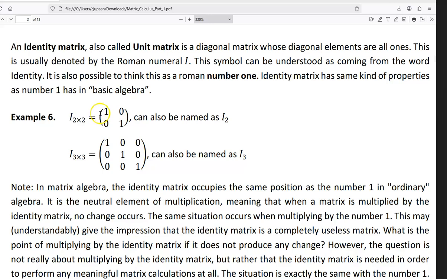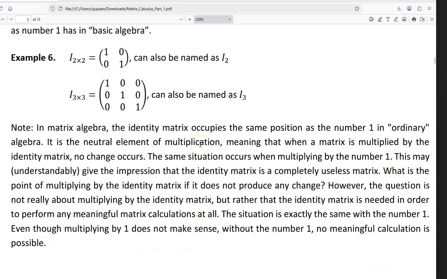This so-called I2 means that it is an identity matrix or unit matrix which has 2 rows and 2 columns, and the elements in the main diagonal are ones and other elements are zeros. And also this 3 by 3 identity matrix, all elements in the main diagonal are ones and other elements are zeros.